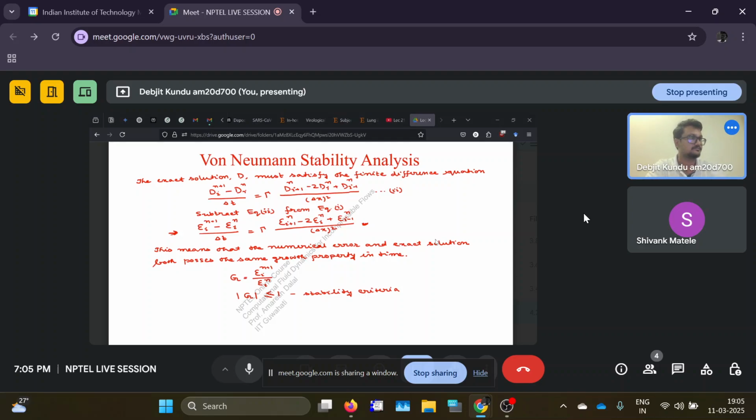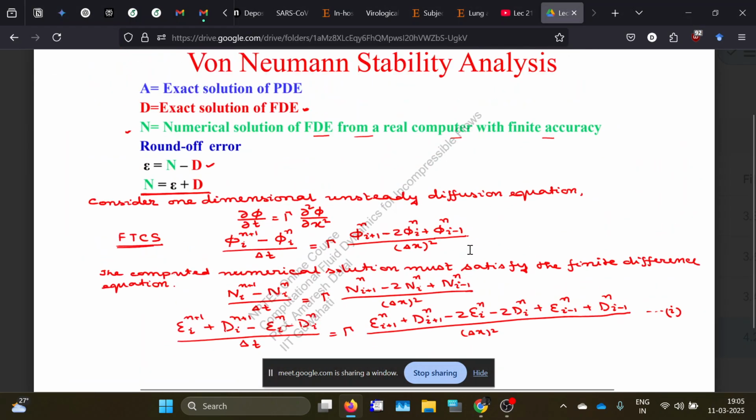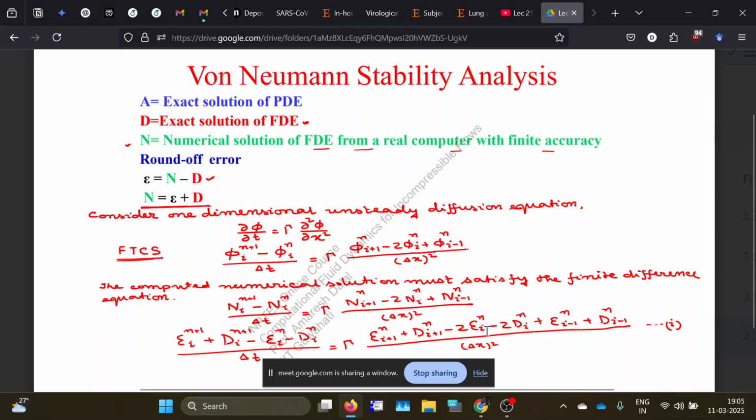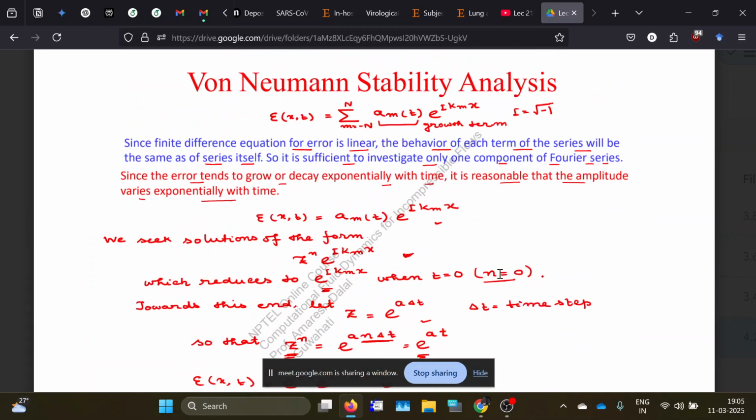Is it visible? Yeah. Now, can you move to previous slides? Previous slide. This one. No, further previous. From here, I understand. This also I understand.